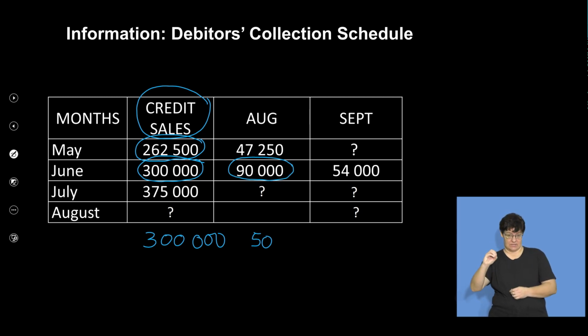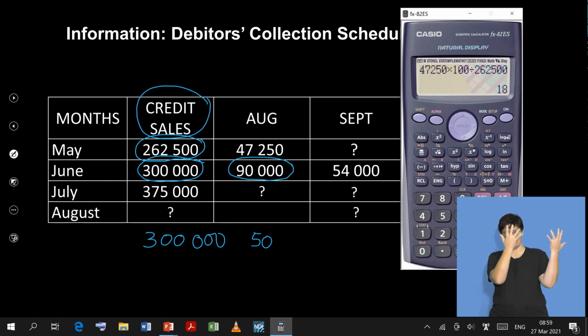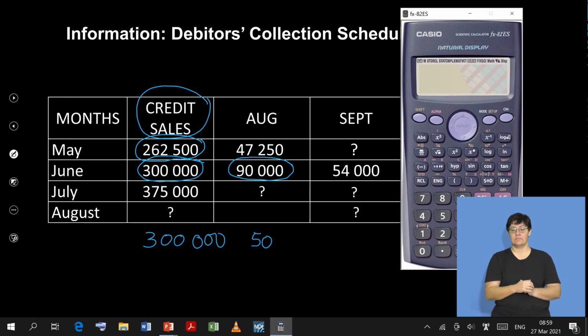So, watch my calculation very closely here. I take the 90,000 that I'm receiving over the credit sale of 300,000, right? And I'm going to express it as a percentage.